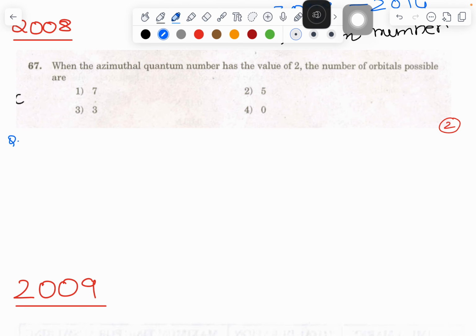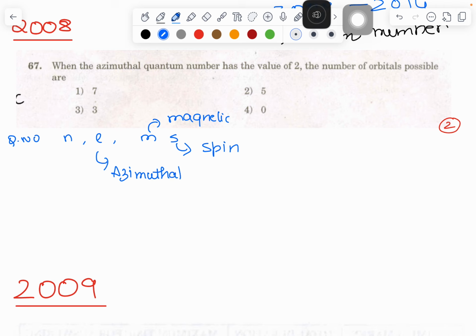There are 4 quantum numbers: N, L, M and S. S is called the spin quantum number. M is called the magnetic quantum number. L is azimuthal, also called angular, and N is the period or principal quantum number.